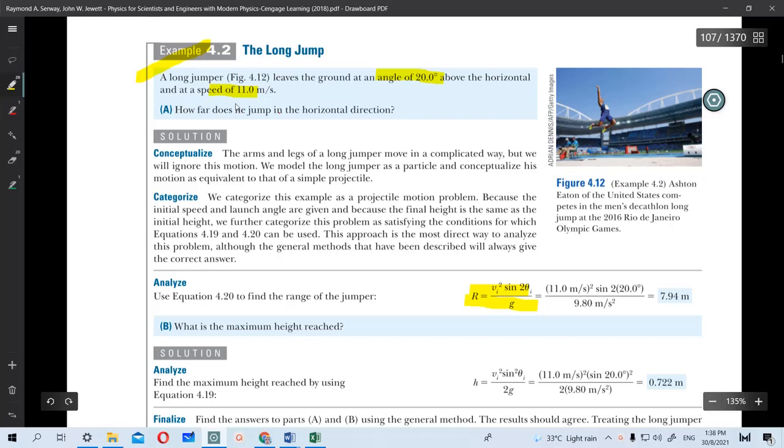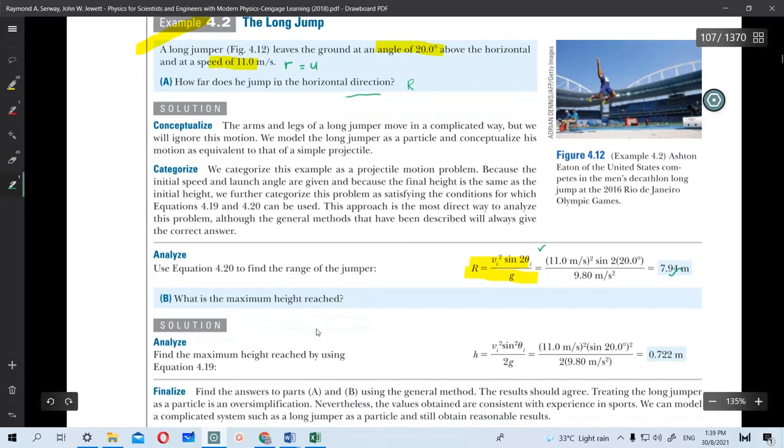This 11 is neither X nor Y, so it's the resultant, a pure U. In the case of getting how far in the horizontal direction, it's asking for R. So this is the expression. By substituting, you will arrive at 7.94.